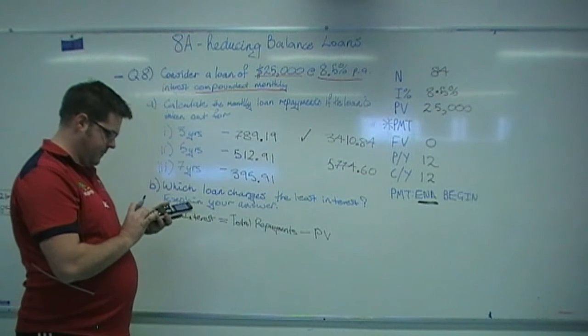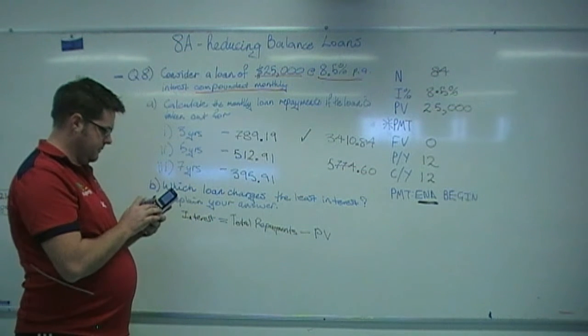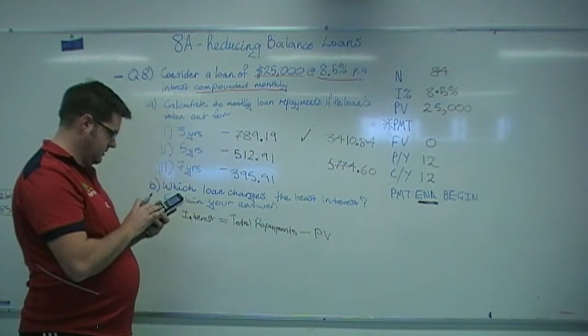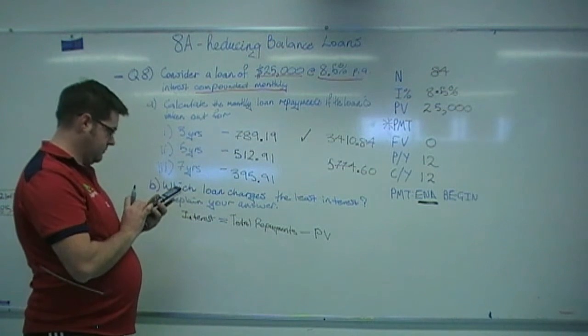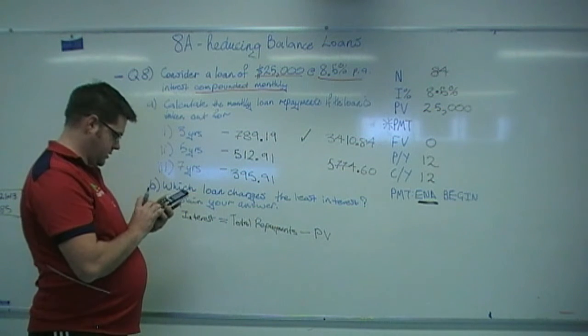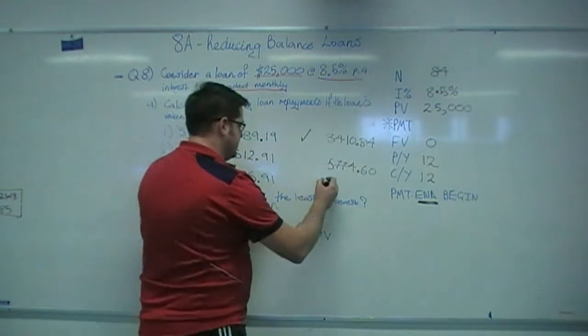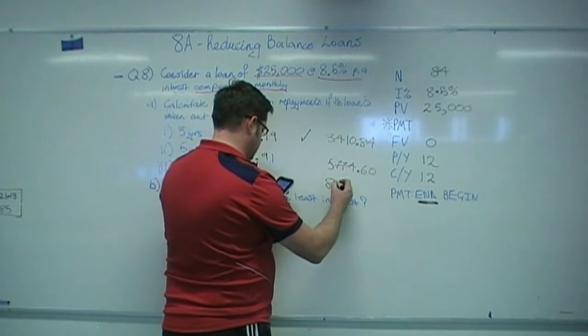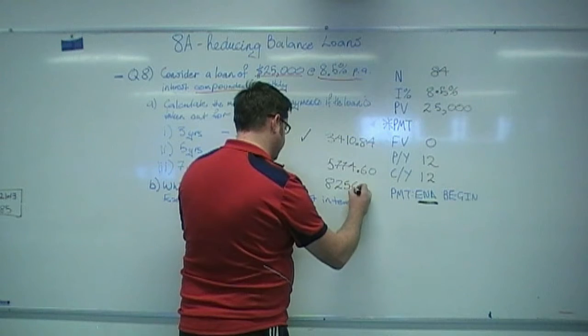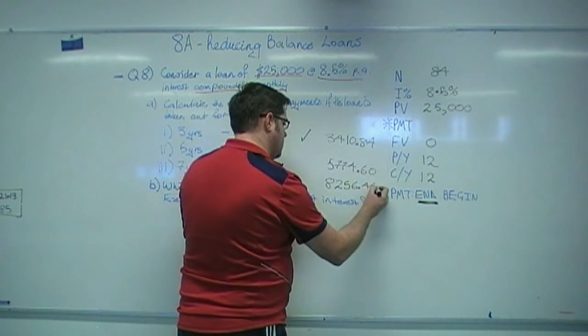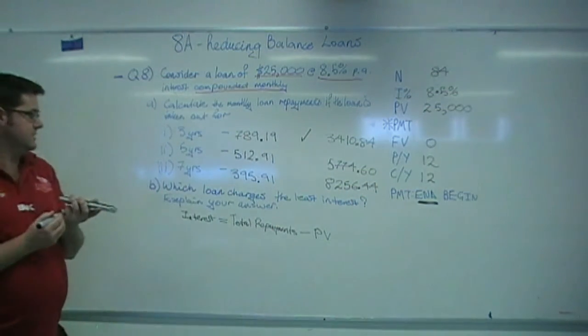And if we press the up arrow twice, we should be able to plug in our changed values, which is 7 times 395.91. And this is $8,256.44.